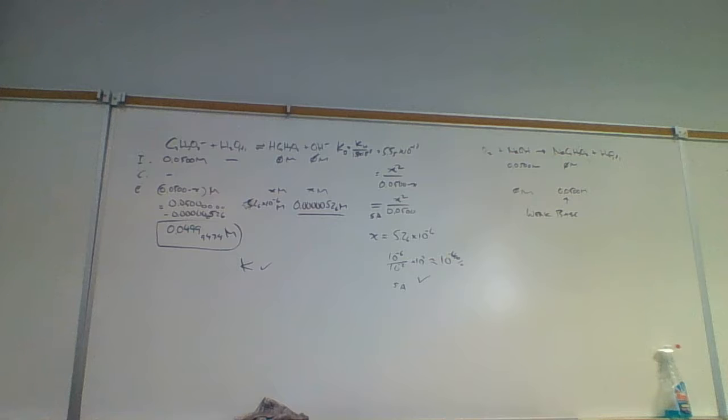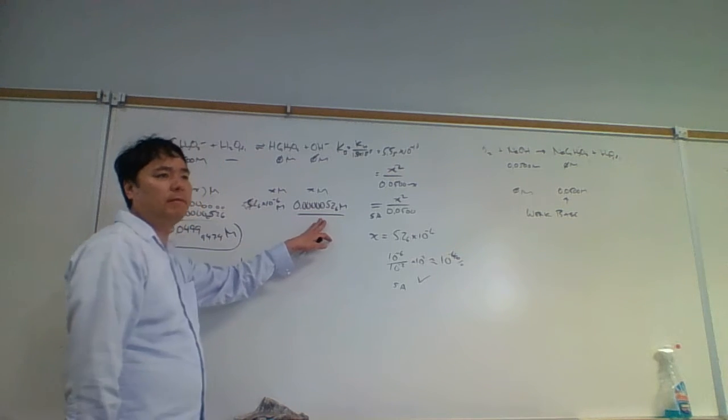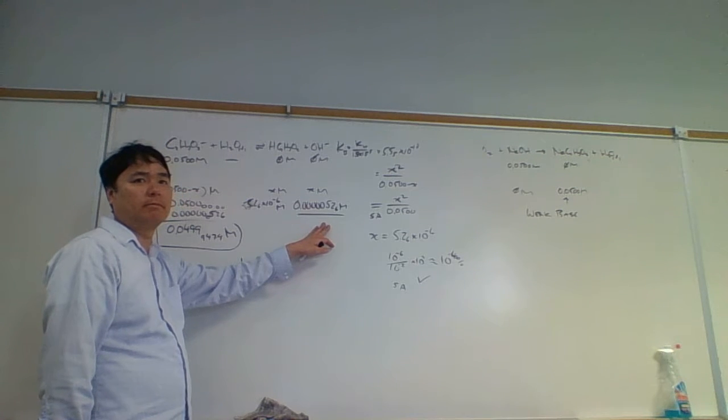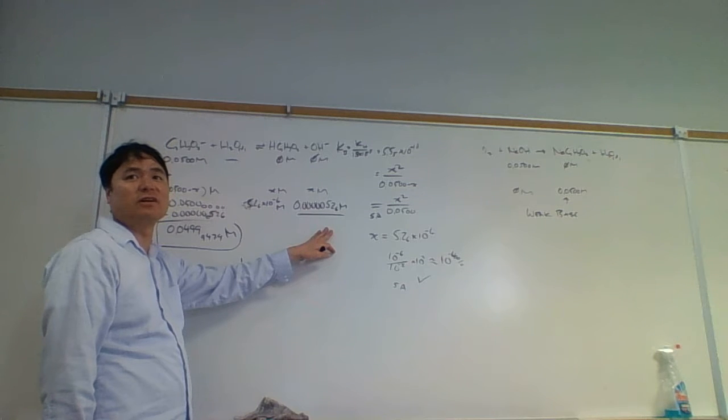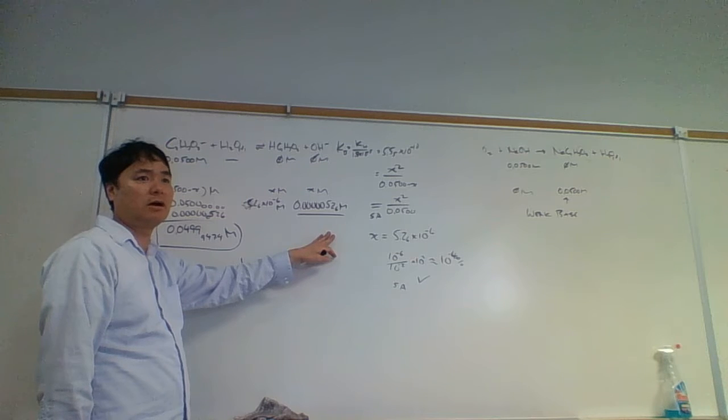No, because that would be if there's no common ion. But now there's common ion, which is this hydroxide here. It's got to be less than 10 to the minus 7, more like 10 to the minus 8, 10 to the minus 9. So should we worry about the hydroxide we get from Kw? Yes, no, or uncertain? I would say no. I wouldn't worry about it.